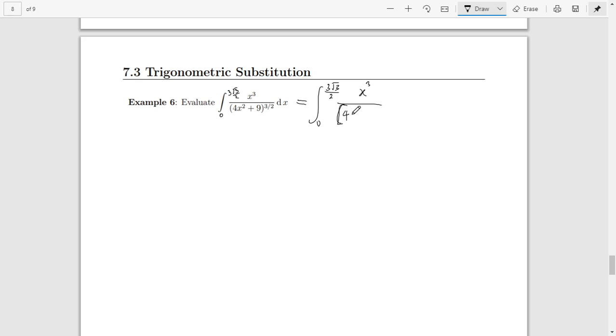So I'm going to have 4 times x squared plus, because there was no 4 on the 9, 9 over 4. And then everything here is raised to the power of 3 over 2, dx.